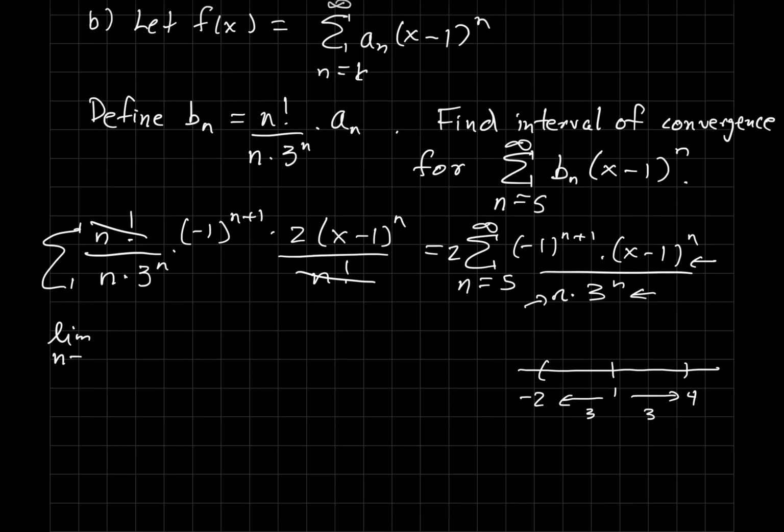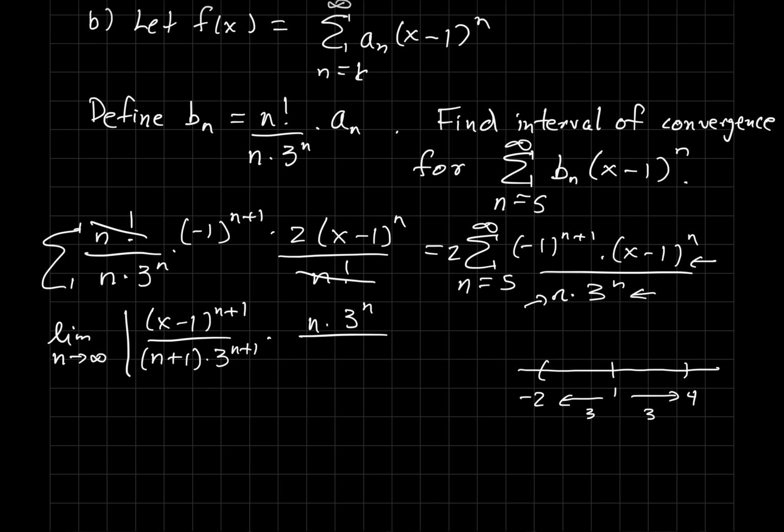This would be the ratio test, which would give me x minus 1 to the n plus 1 over n plus 1 times 3 to the n plus 1, divided by the nth term, which we flip and multiply, of course. n times 3 to the n over x minus 1 to the n. At infinity, n over n plus 1 goes to 1. Then I get x minus 1 on top and 3 on the bottom.